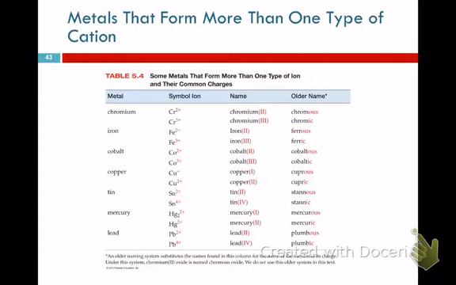So what does that mean the iron has to be? +2. Sorry, did I say +1? I did. So the name of this compound is iron, and because it's a type 2, I have to put the charge in parentheses, 2, that's a Roman numeral, oxide.